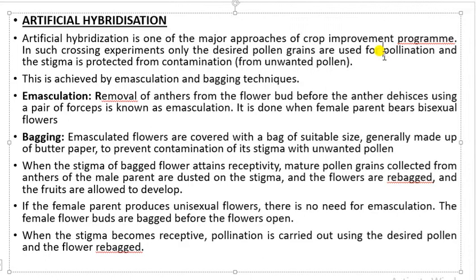Here, before the anther disseminates, the anthers are cut and the pollens are removed. So removal of anthers from the flower bud before the anther disseminates, by using a pair of forceps, is known as emasculation.